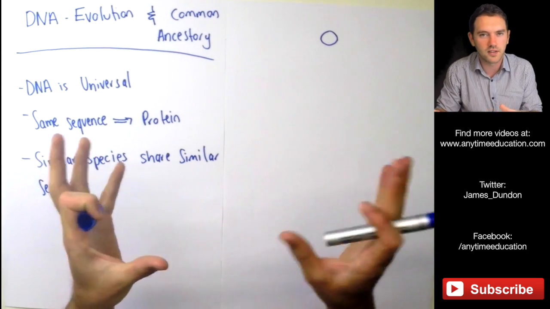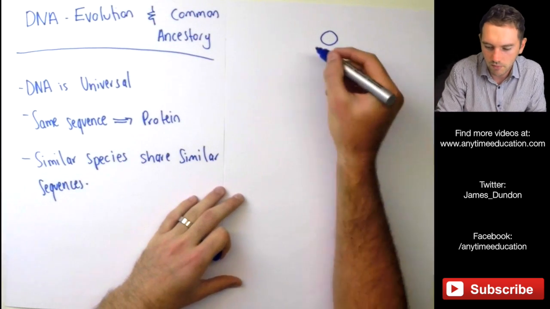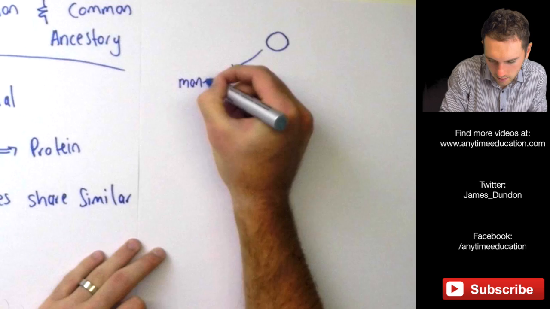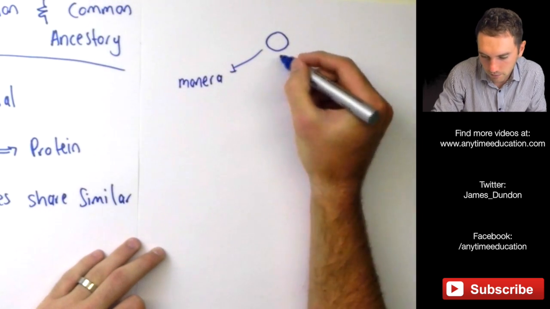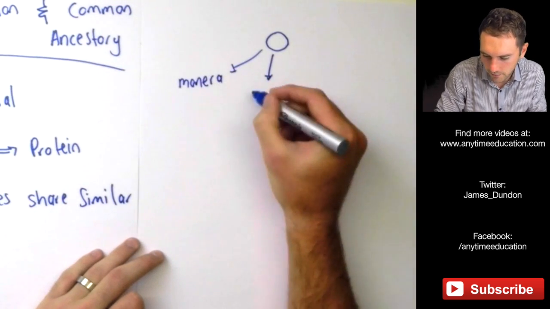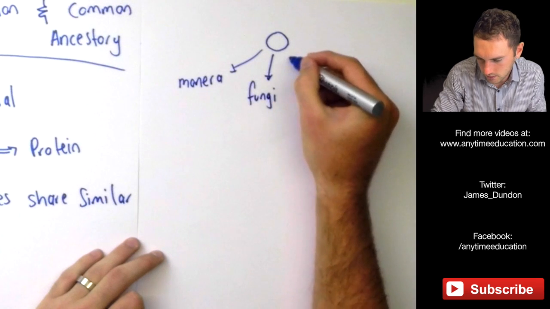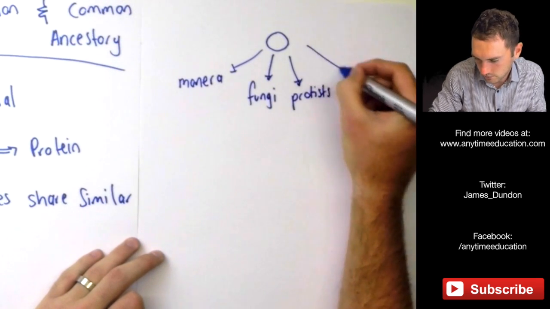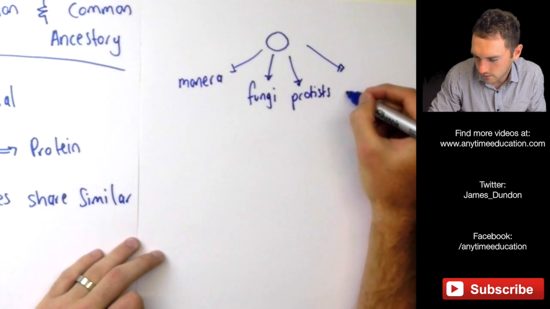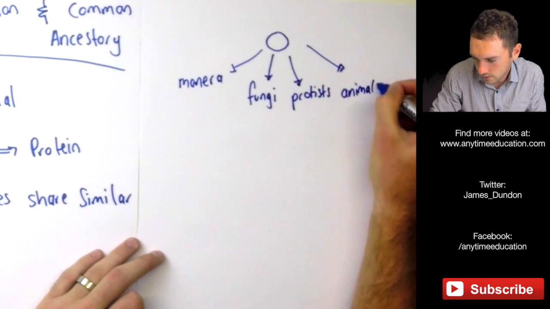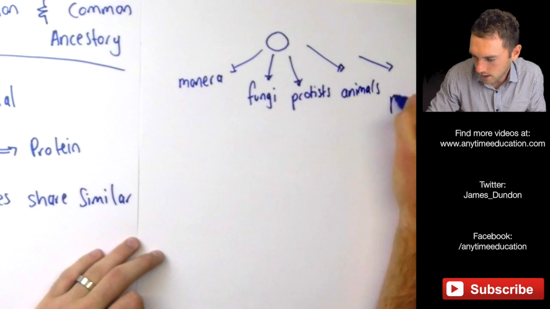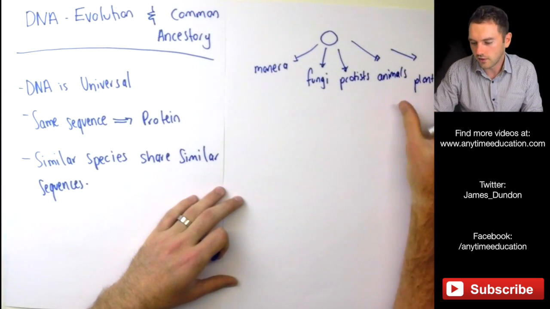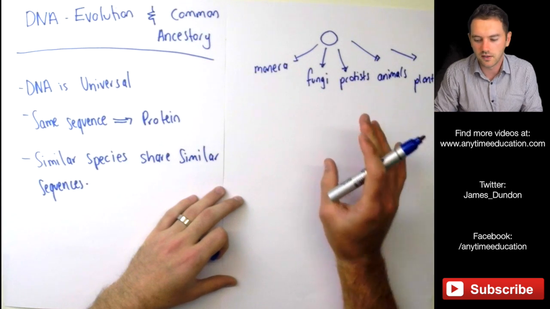Some classification experts go into more detail, but we can classify them into Monera, fungi, protists, my favourite, animals, and plants. And all species within those groups have very similar cells.